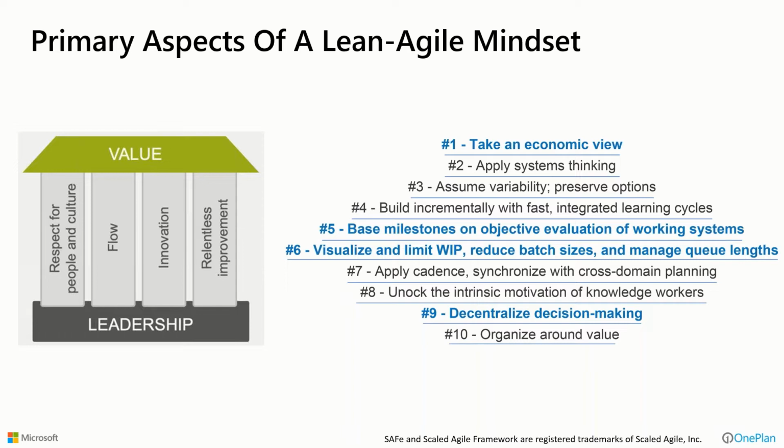And base our milestones on objective valuation of what we have and what we really have as far as working systems and ability to apply resources to these things, and have realistic visualizations of work in process, but reduce the batch sizes and manage our lengths of things so that we can incrementally manage things a little bit better. And as we talked about with the participatory nature of these things, if we decentralize decision-making down to where the work is being done more, we get more responsive, more knowledgeable inputs into the process that can adjust more readily.